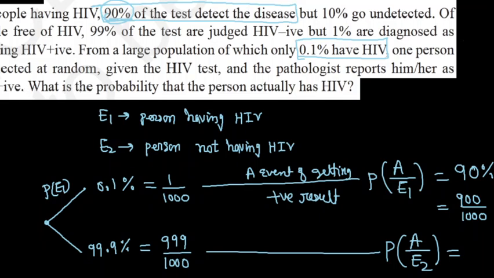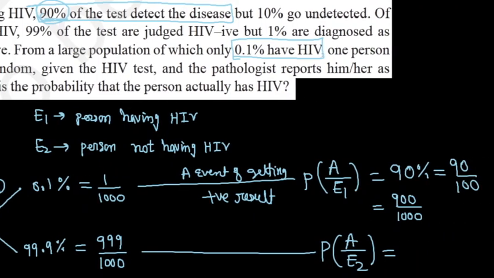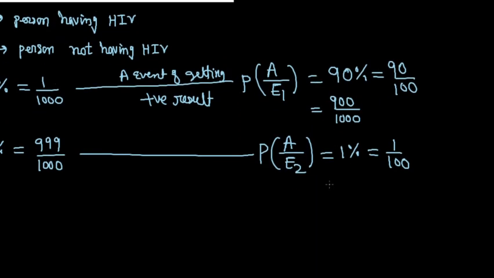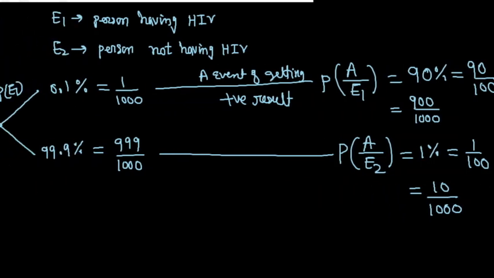So here 1% is 1 by 100. In the denominator we have 1000, so multiply and divide by 10, which gives 10 by 1000. So we have P of E1, P of E2, P of A by E1, and P of A by E2.